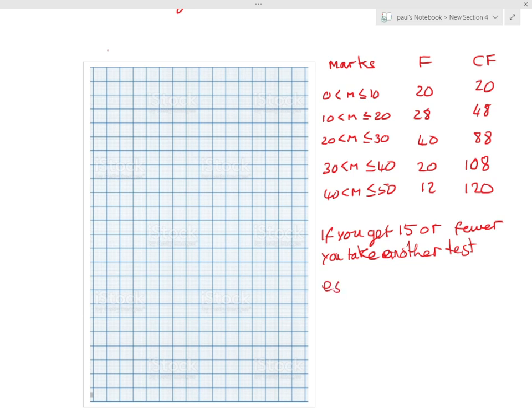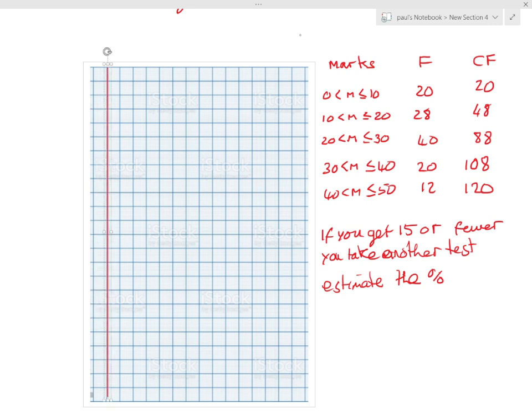Estimate the percentage. Okay, estimate the percentage. Right, let's draw our cumulative frequency graph.